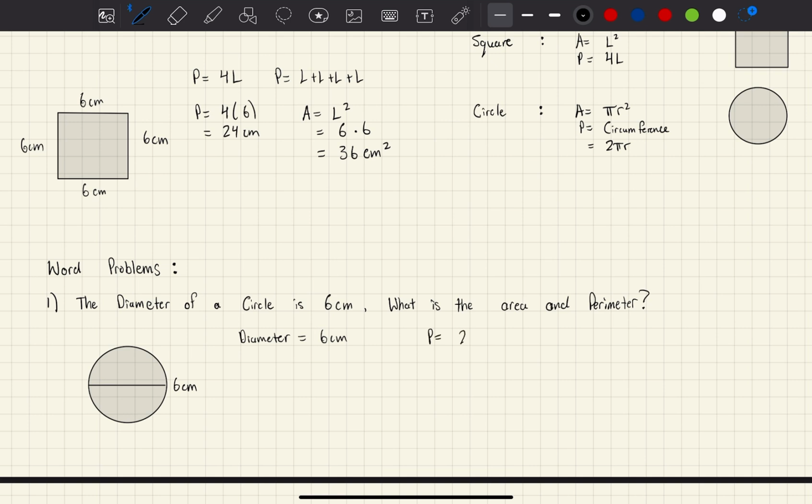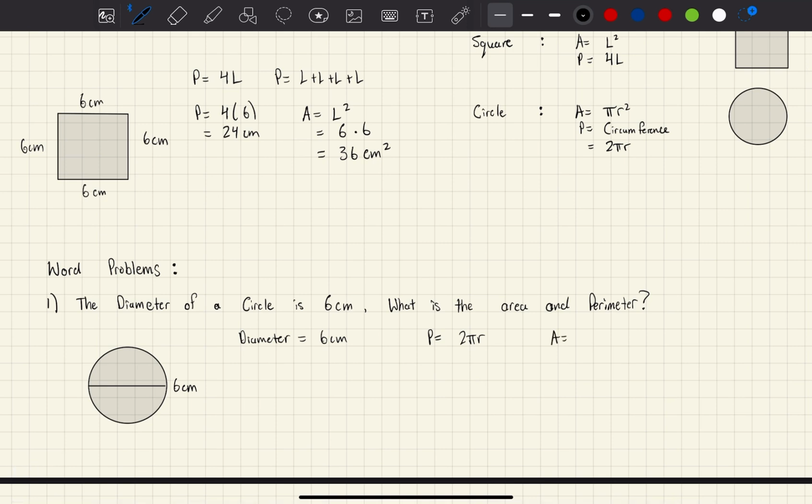Perimeter is equal to 2 pi r. And the area is equal to pi r squared. So both of our formulas need the radius. So our first step is to find out what that radius is. So if we're given the diameter, we will know that the radius is just half of that diameter. So radius is going to be equal to 3 centimeters.